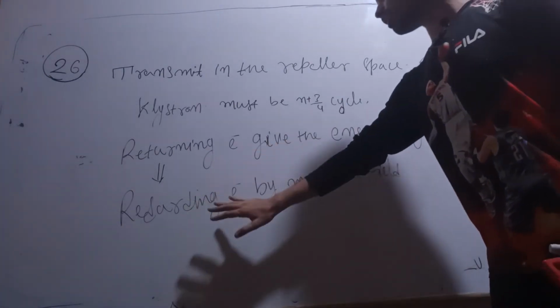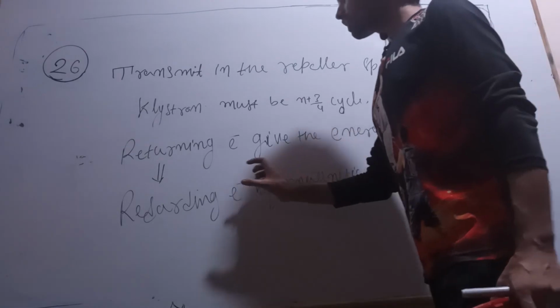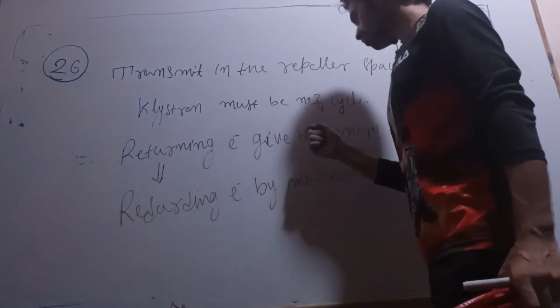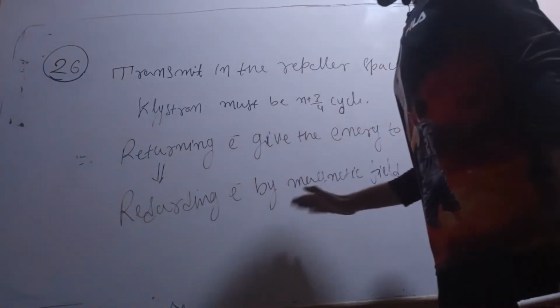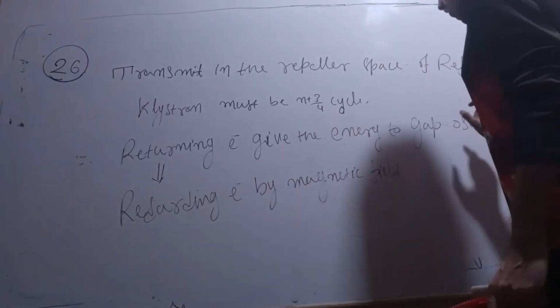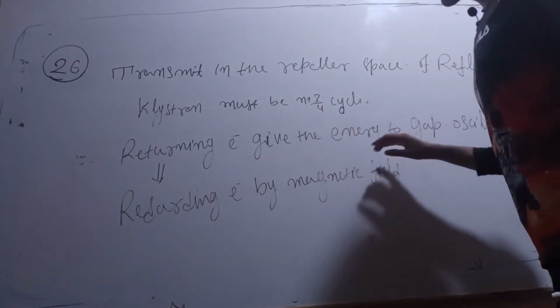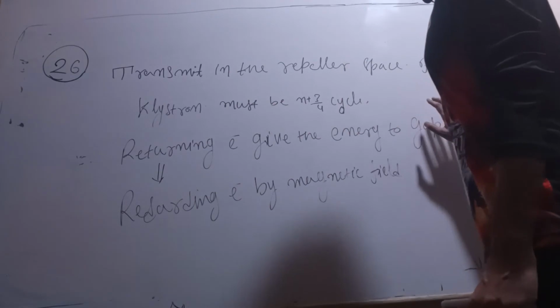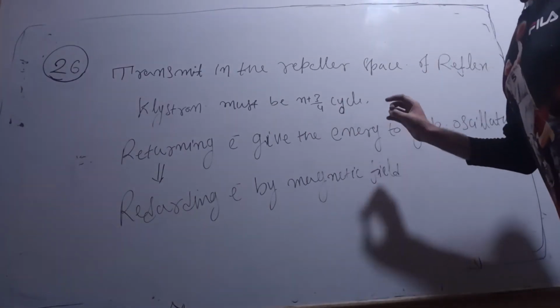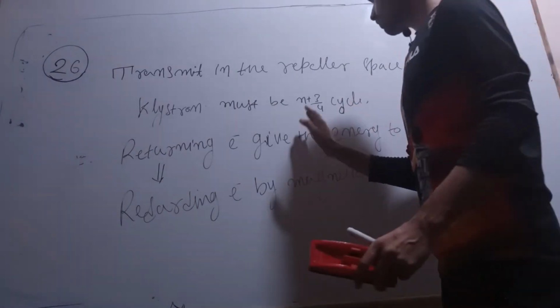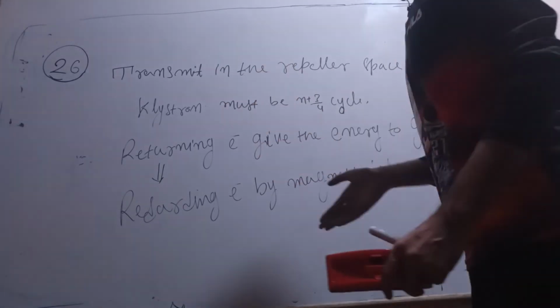Here you can say retarding electron, because the returning electron gives the energy to the gap oscillation. Gap oscillation means it is giving the energy to the frequency of oscillation of the RF signal, so in this way we can increase the power of the RF signal.